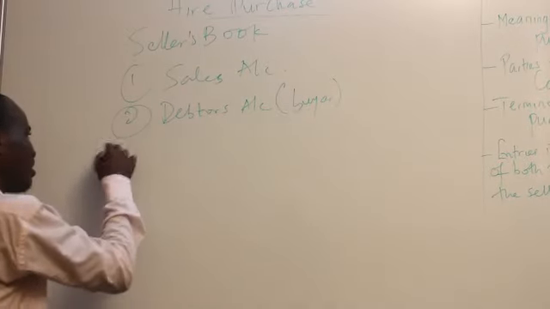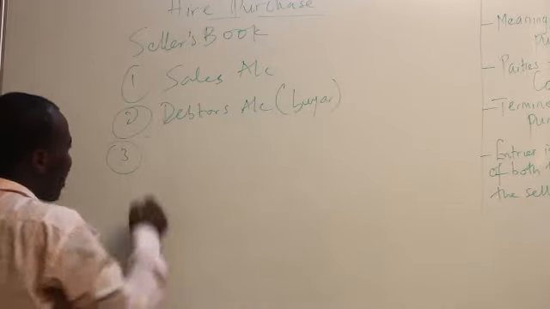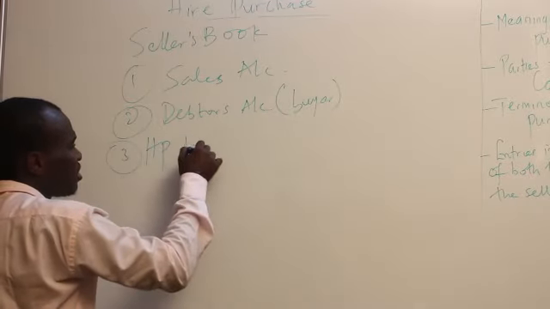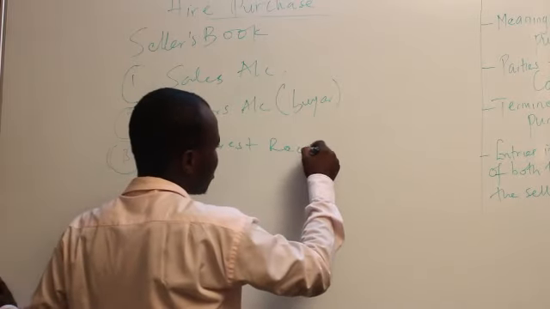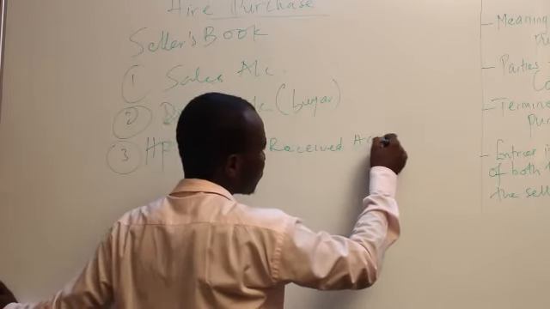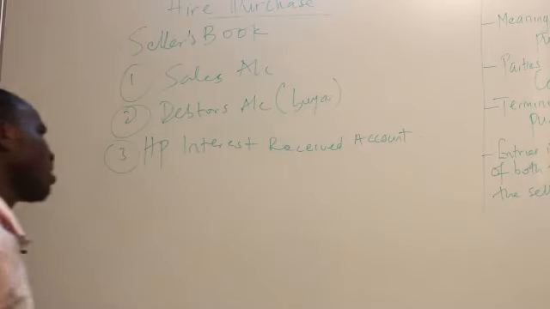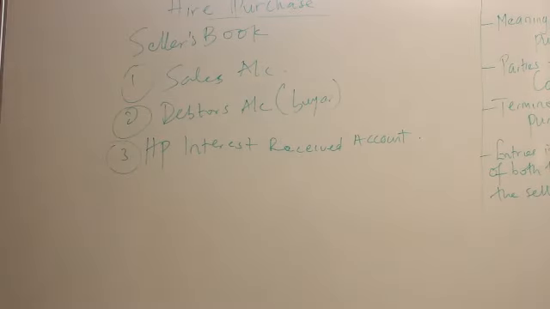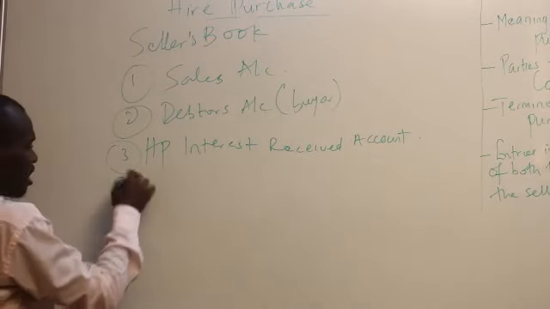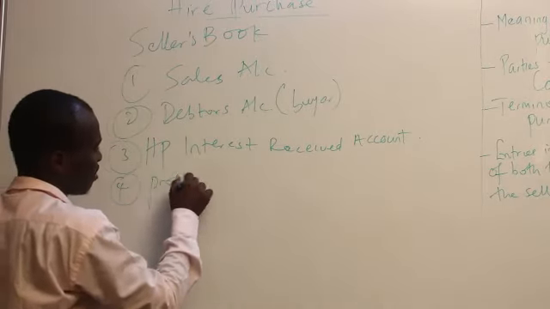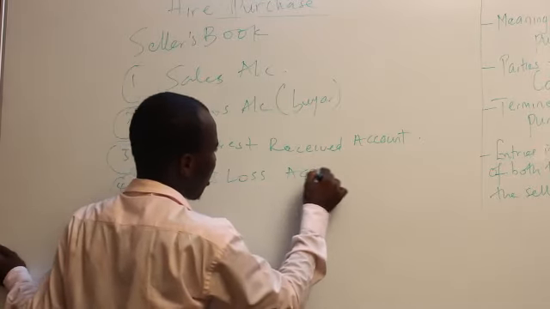And number three, we have the hire purchase interest received account. Hire purchase interest received account, and you can have the profit and loss account, because you have the charges to profit and loss account.